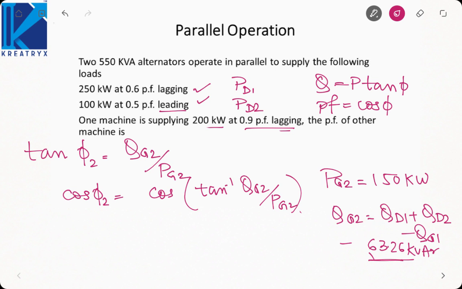QG2 is 63.26, PG2 is 150. So from here it comes out to be 0.92. Whether it is lagging or leading, as you can see reactive power is positive, so it should be lagging. So that is how we can derive the power factor of any machine when we talk about parallel operation. Is it fine?